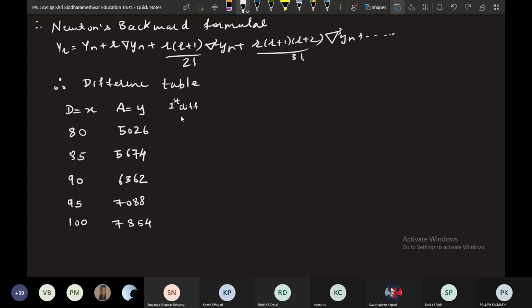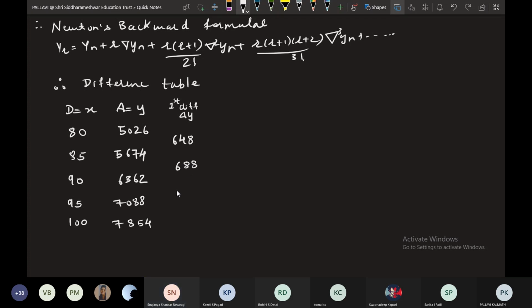The first difference is denoted as del y. Can anybody tell me the difference? 5674 minus 5026 is 648. Correct. Next, 688.